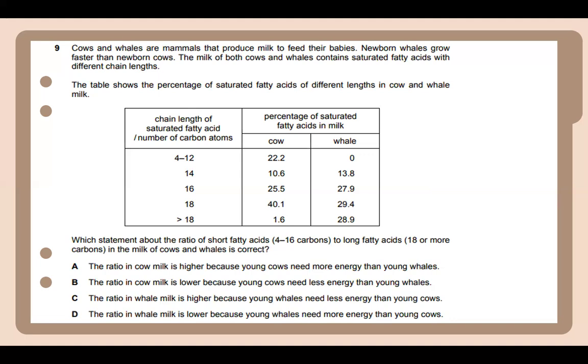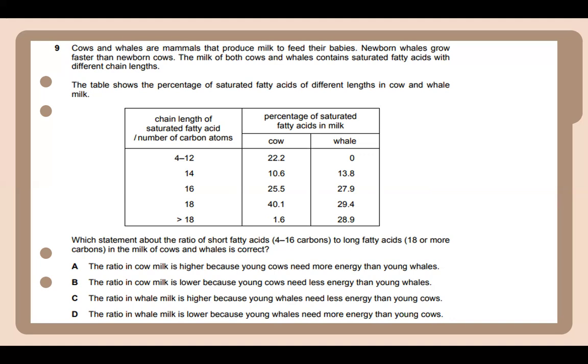Number 9. Cows and whales are mammals that produce milk to feed their babies. Newborn whales grow faster than newborn cows. The milk of both cows and whales contains saturated fatty acids with different chain lengths. The table shows the percentage of saturated fatty acids of different lengths in cow and whale milk.